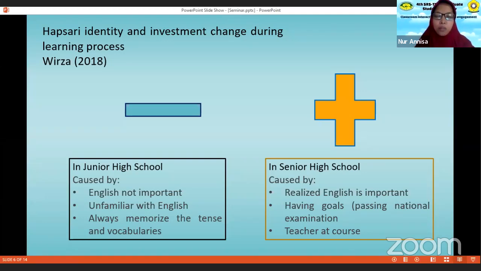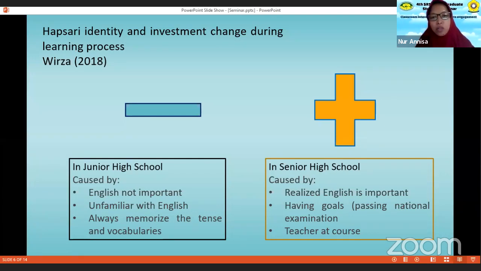So the teacher can trigger the students to invest in learning language. The teacher was also a role model in the classroom. The teacher always used English whenever he spoke, even though he didn't know the word in English itself.